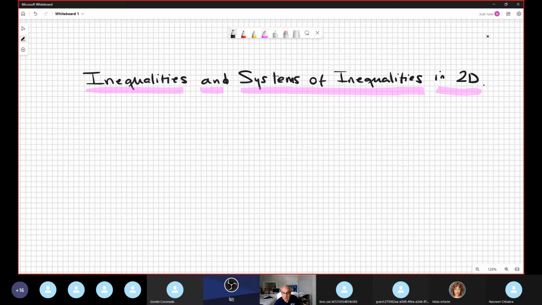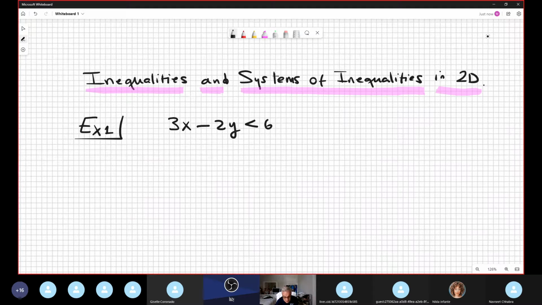Okay, let me start with an elementary example. Example 1. Suppose 3x minus 2y less than 6. The solution of this inequality you can represent graphically or analytically. I prefer graphically to see. So it is most important to visualize this graphically.